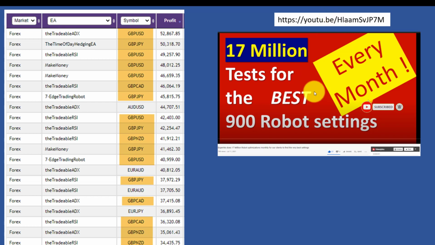But when you go into the database that is created from these millions of tests, a currency is always related to another currency. So the pound crosses are the most profitable crosses when using our EAs. And here's the database that we looked at. I've sorted it on Forex only, and here are the actual robots that are traded.